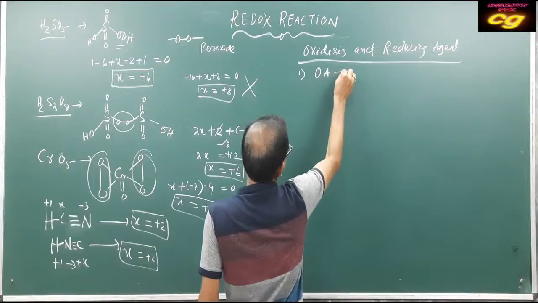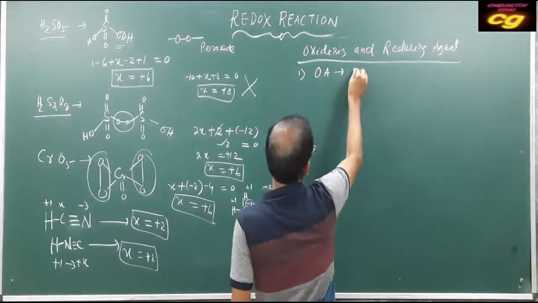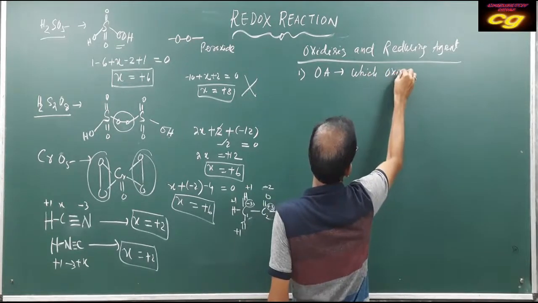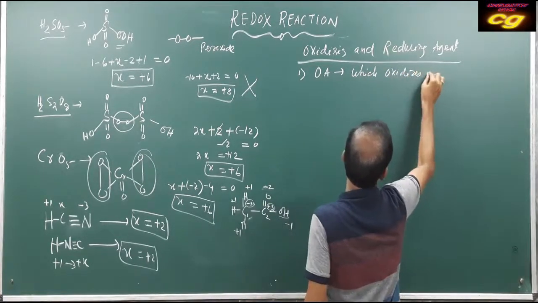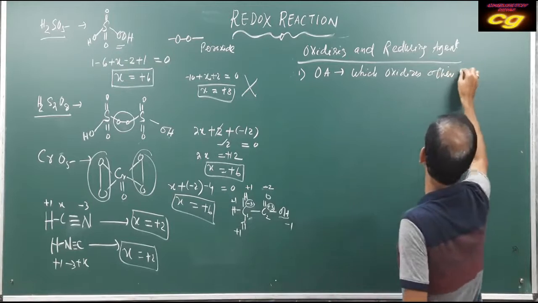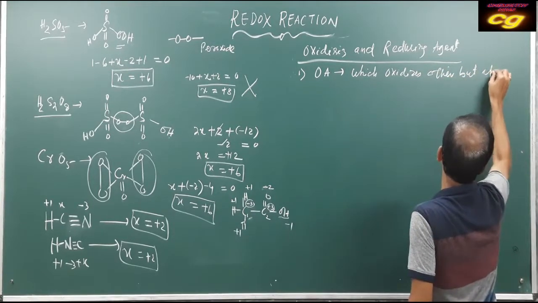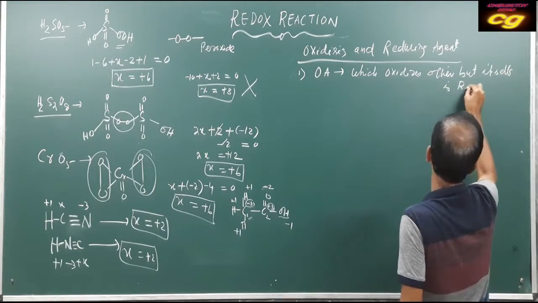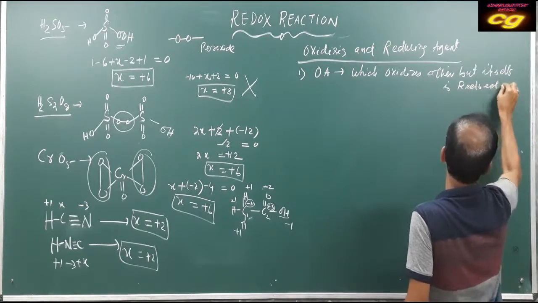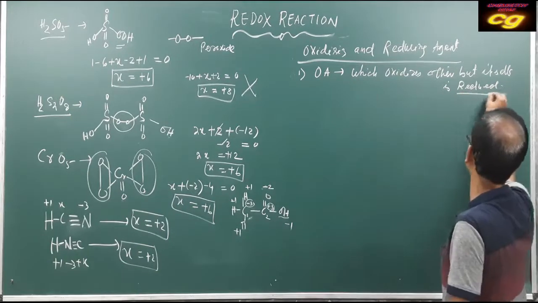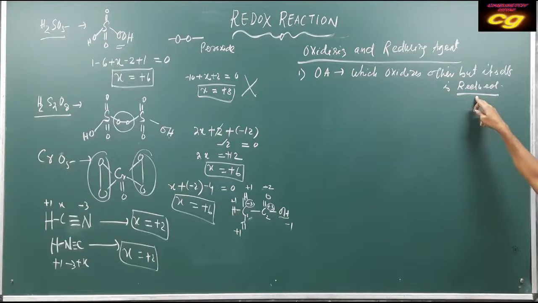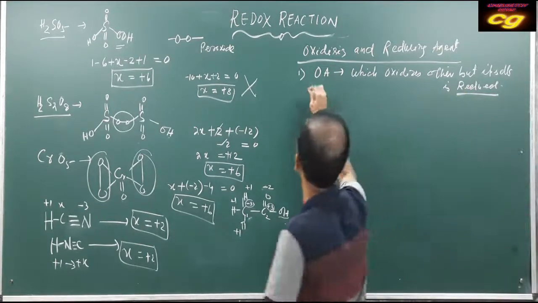An oxidizing agent means which oxidizes other but itself is reduced. This thing you remember, this is very important. Itself is reduced. The substance which is reduced is called an oxidizing agent.